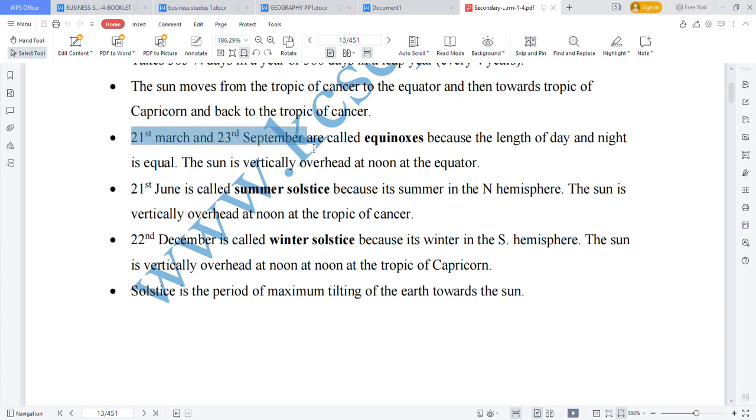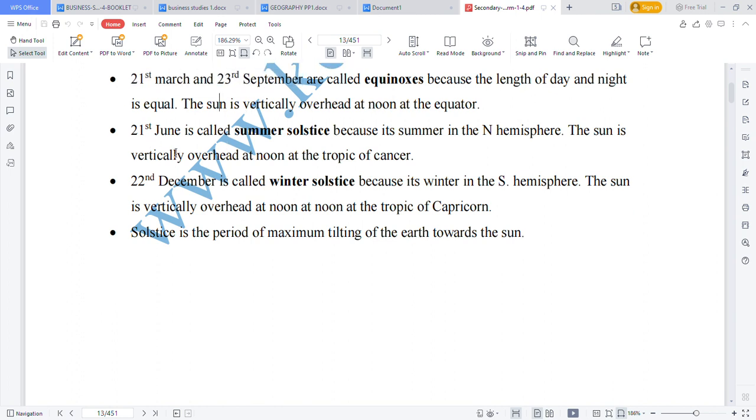Dates of equinox, kindly remember this, very important. 21st of March, 23rd of September are called equinoxes because the length of the day and night are equal. 21st June is summer solstice because it is summer in the north hemisphere. 22nd of December is called winter solstice because it is winter in the south hemisphere.